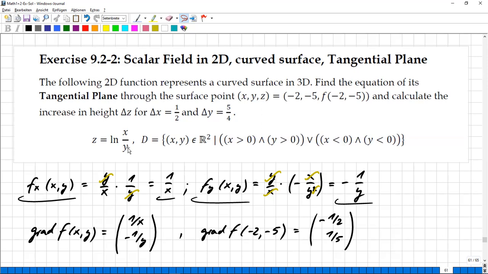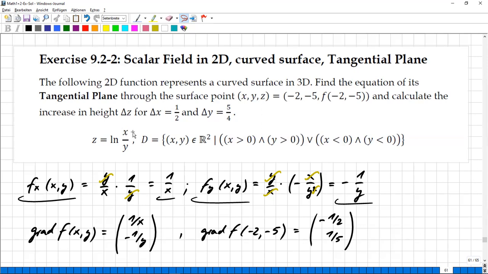But then again, we have the natural logarithm, which has, as you all know, a domain of positive real numbers. That means even 0 is forbidden as an argument. This is just a side note, but in the end, it means x must be non-zero. It must be greater than 0.